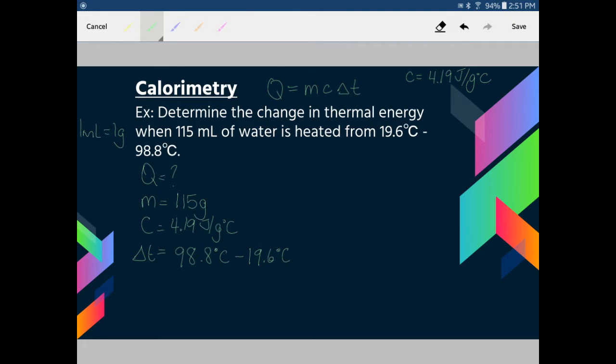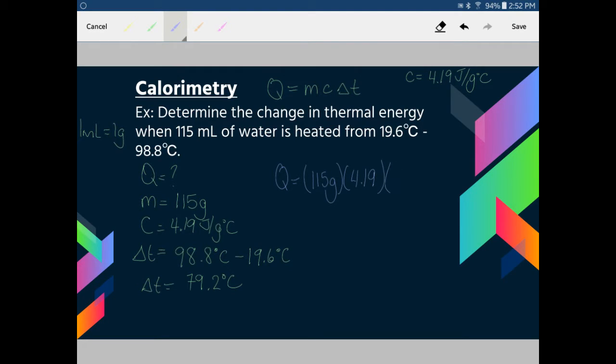So the difference between 98.8 and 19.6 should be our change in temperature, which is 79.2 degrees Celsius.